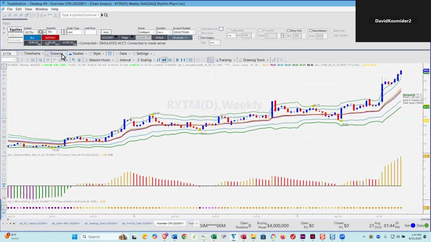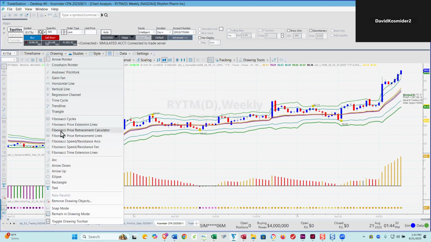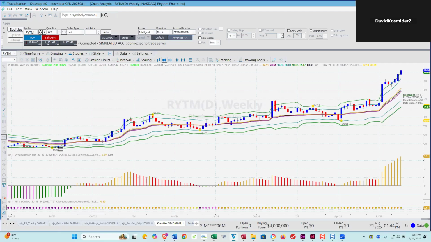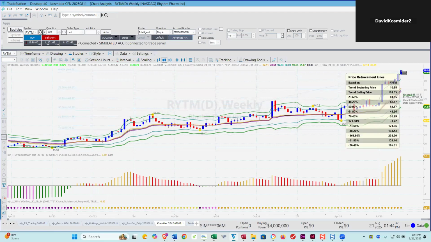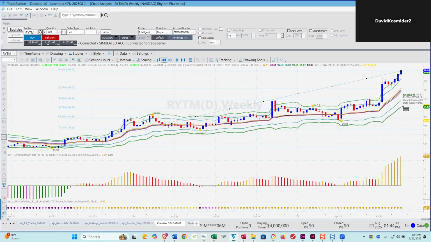We could put a Fibonacci retracement on it. And we could go from here to here. And at worst, it's going to come down to 80. And let's see if we can rescale this. Oh, come on.